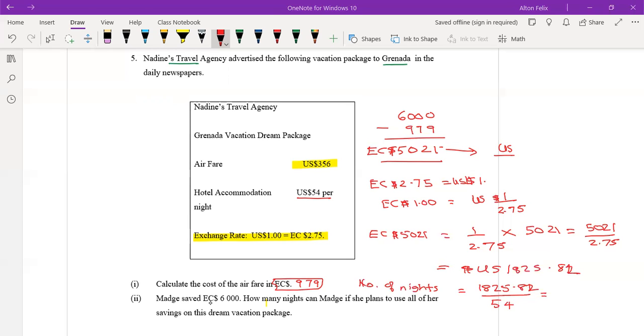Basically, she will be able to stay 33 nights. Now, we cannot round this to 34 because she doesn't have enough money to cover the 34th night that she would be willing to stay there. So the answer is 33 nights.